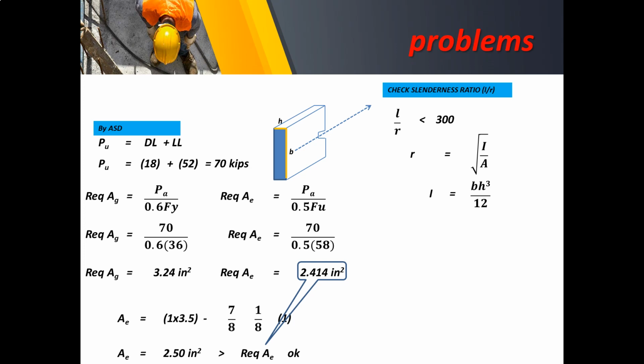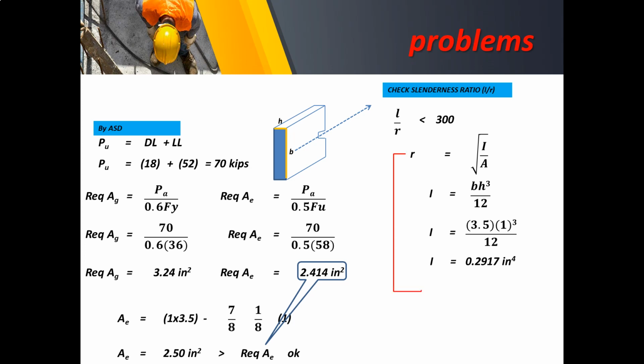So, going back to the formula, we just substitute the base of 3.5 and the height of 1. 1 here is the thickness. So, substituting that, we will yield an I of 0.2917 inches to the fourth.